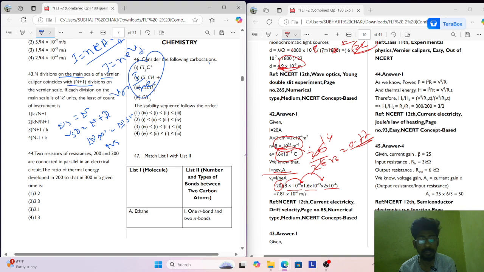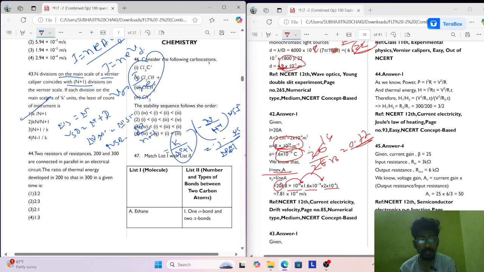So just put this: 1 minus n divided by n plus 1 MSD. That means 1 divided by n plus 1 MSD will be our LC. And 1 unit equals K, so that means K divided by n plus 1 MSD.